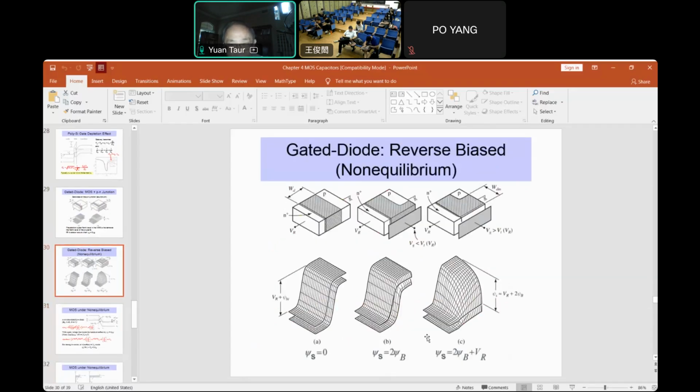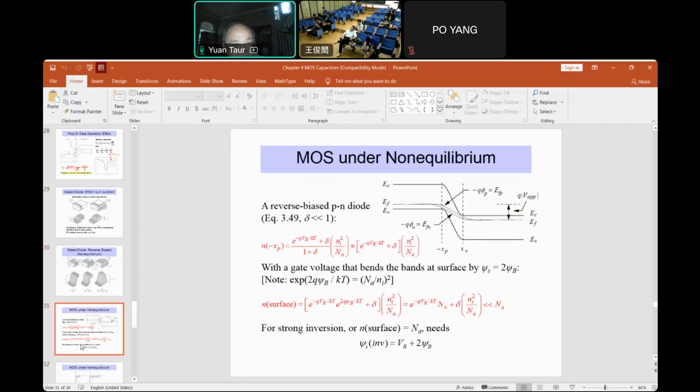Then in this case, when you bend it by the reverse bias plus 2 psi B, the electron density here becomes NA, just like the strong inversion condition that we discussed before.